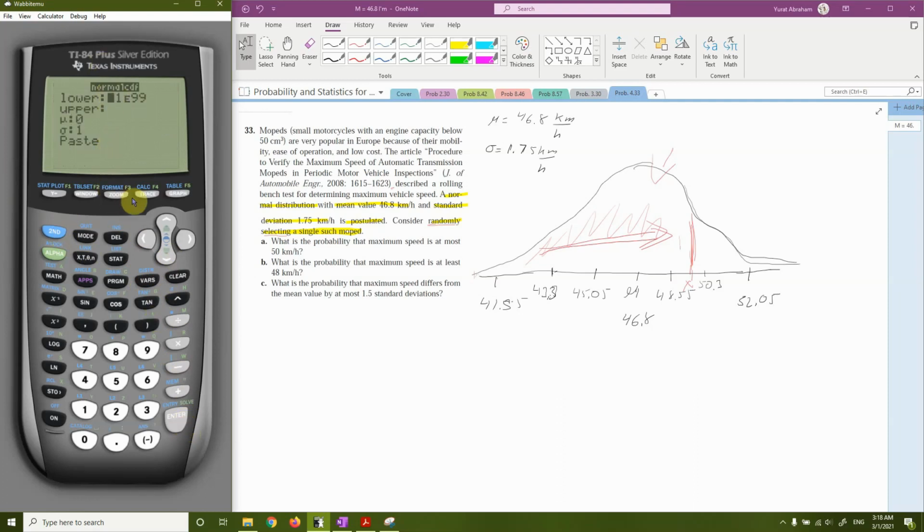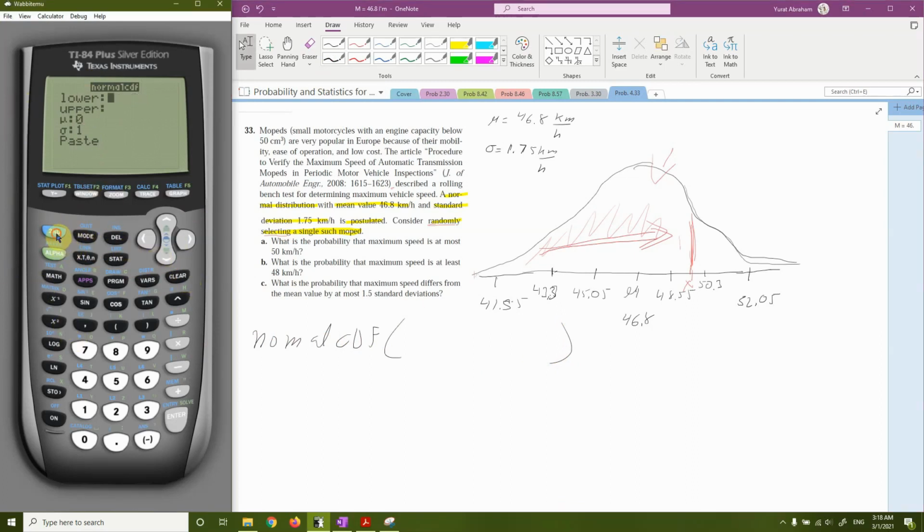Okay, now for those who have a TI-84 of another version or a TI-83, your calculator might not give you this. It might give you, for example, normal CDF, and then parentheses, almost like the one I had before.